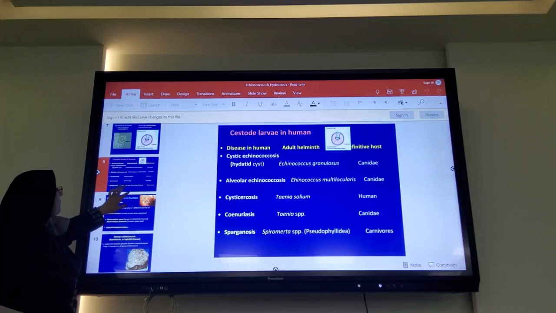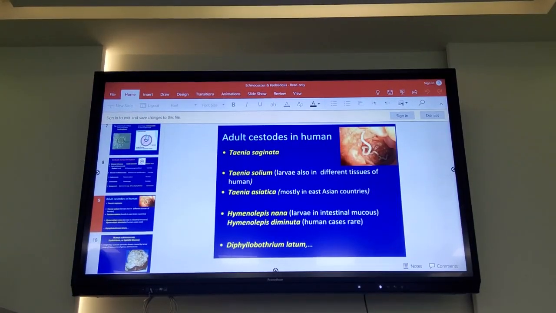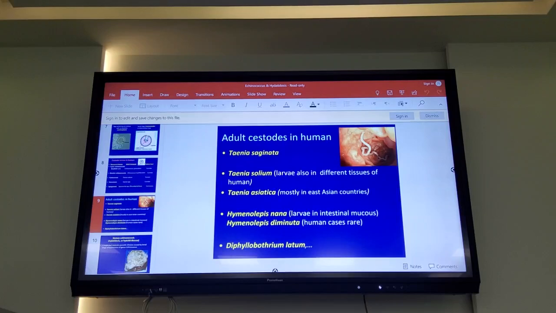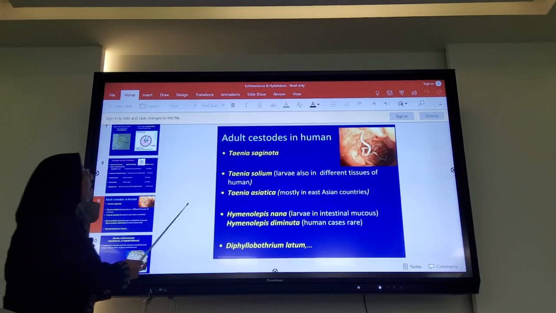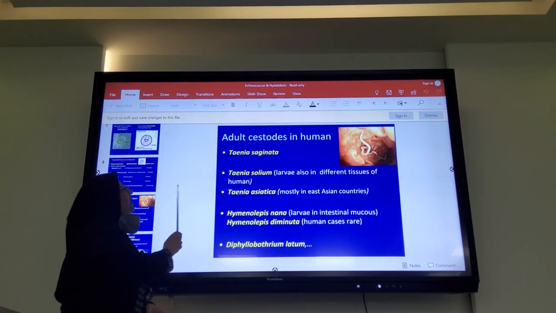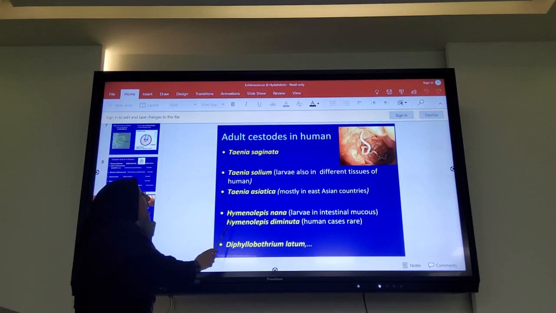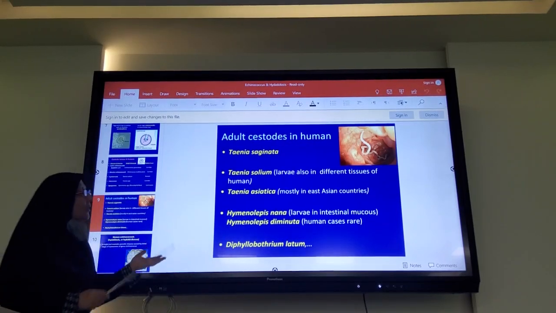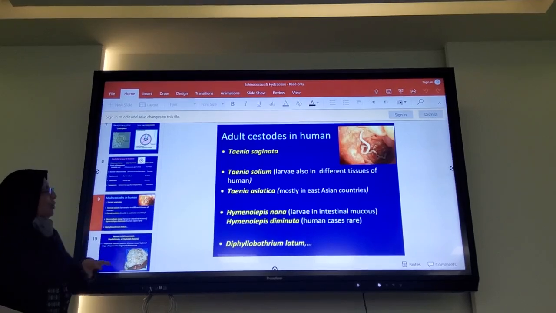But we have some parasites which their adult stage happening in human. All of them lives in intestine. Okay? In this group, we have Tinea saginata, Tinea solium, Tinea striatica, Hymenopus nana or H. nana, Hymenopus diminuta, and Diphyllobothrium latum.